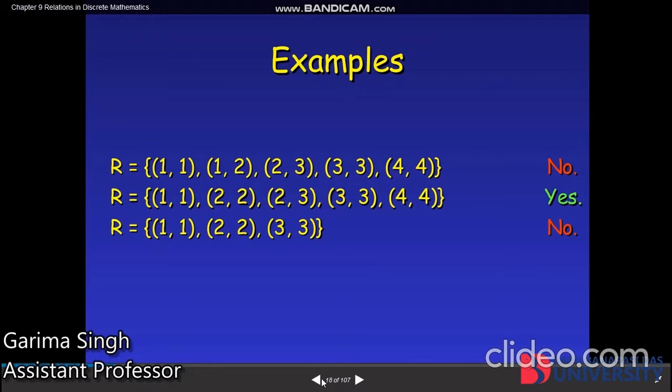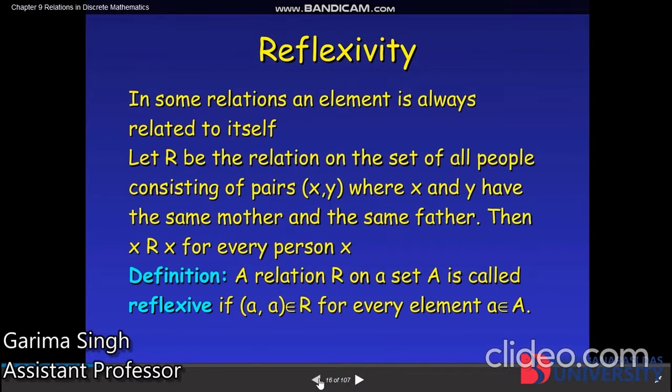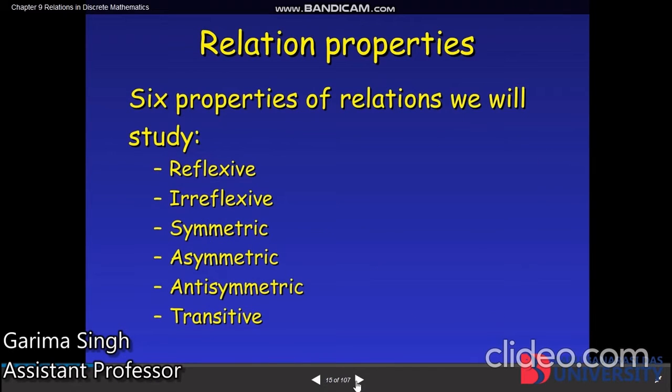So it is from the previous example. This is not a reflexive relation. This is also not a reflexive relation. This is a reflexive relation. This is not a reflexive relation. This is also not a reflexive relation. Why? Let us see from the given example.